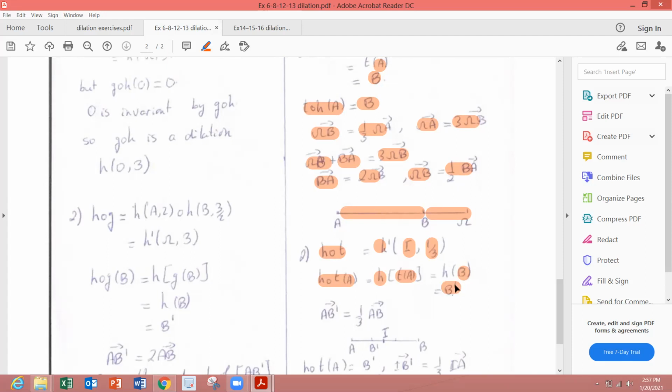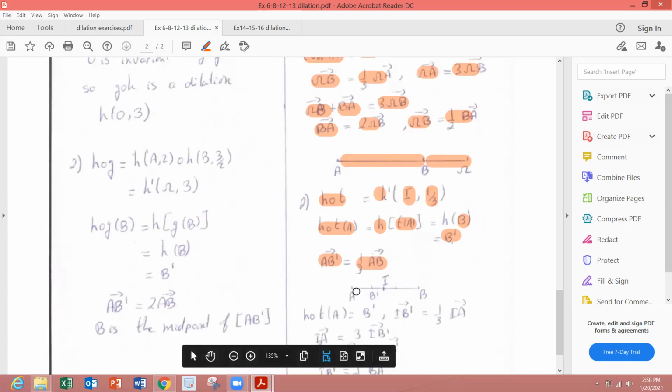It means that AB prime equals 1/3 AB. They have the same sense, and the length of AB prime equals the length of AB over 3.